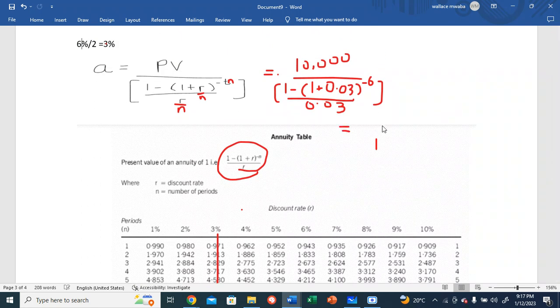Okay, we do it in steps here. So it's going to be 10,000 over 1 minus 1.03 to the power negative 6. What are we getting? Are we getting 0.83?